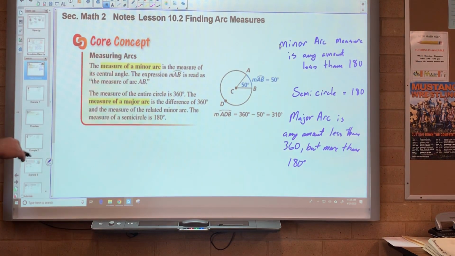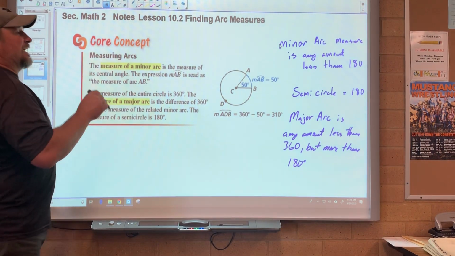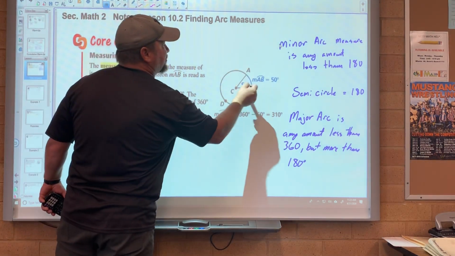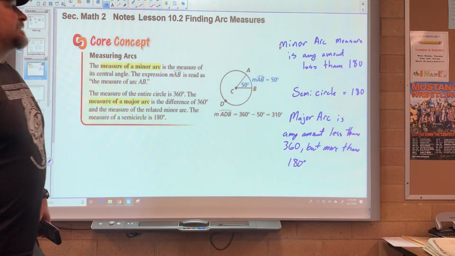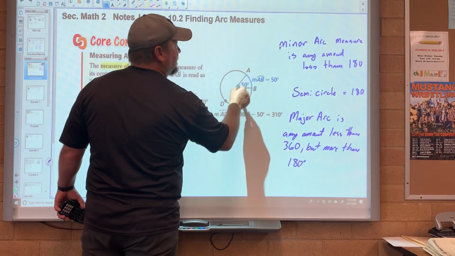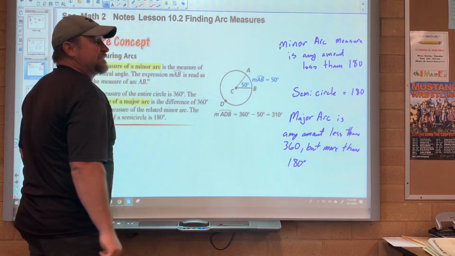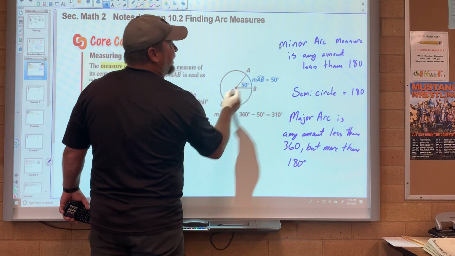Okay? One thing that you need to make sure and understand is that a central angle is an angle that is created with the center involved. So this angle right here is 50 because it's from A, C, B, and C is the center, everybody. And that angle is 50.